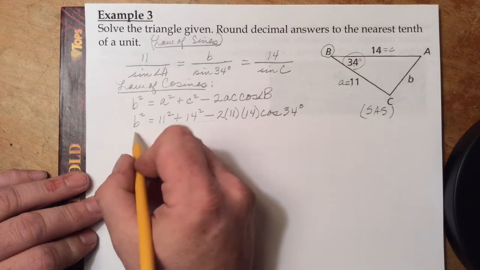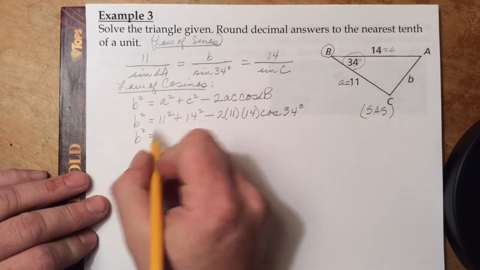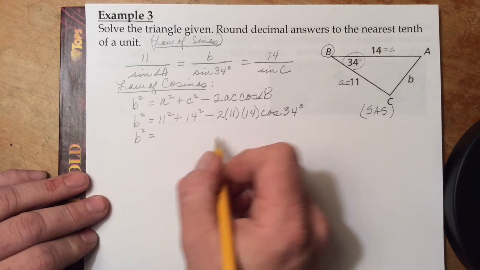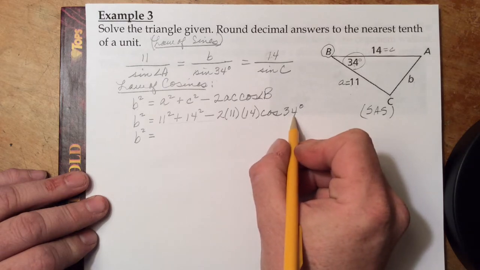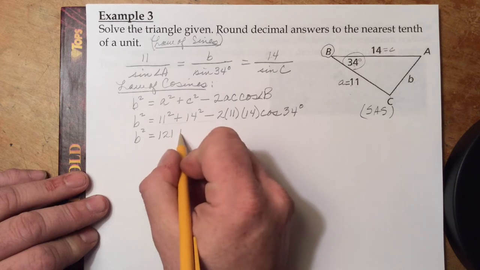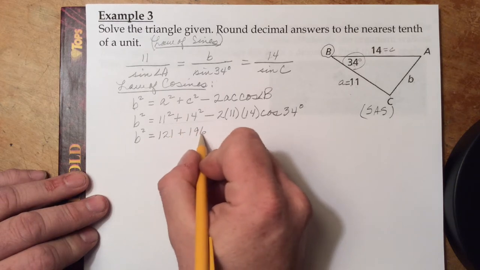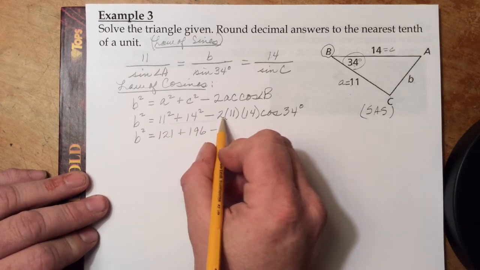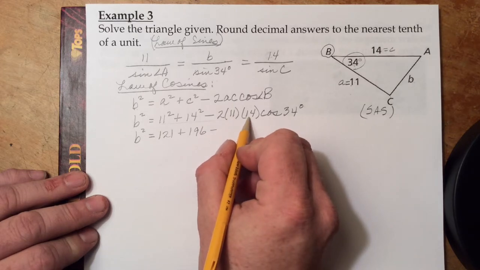Next, we very accurately and methodically start simplifying. Cosine of 34 needs to be the very last thing that we take care of. 11 squared is 121, plus 14 squared is 196, minus, and then you can multiply these 3 together at one time with your calculator.